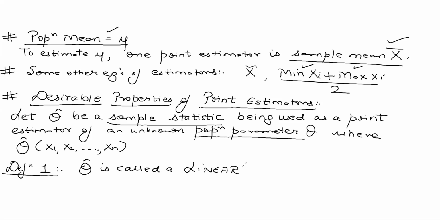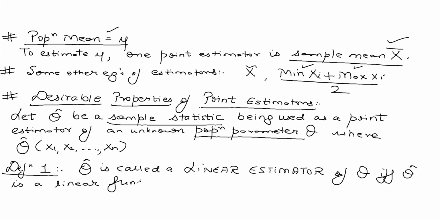So we are doing the definition of linear estimator. Theta hat is called the linear estimator of the population parameter theta if and only if theta hat is a linear function of the sample values x1, x2, dot, dot, dot, xn.